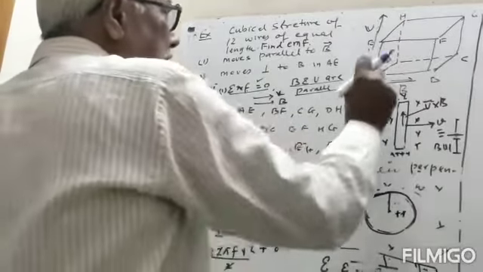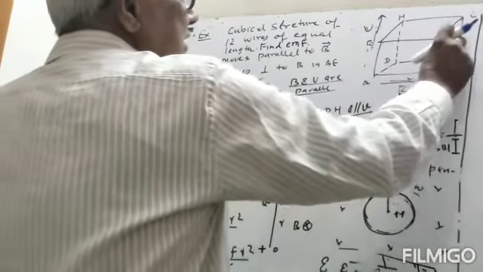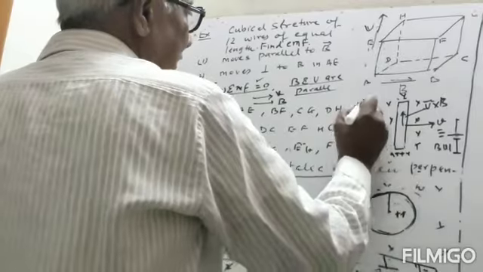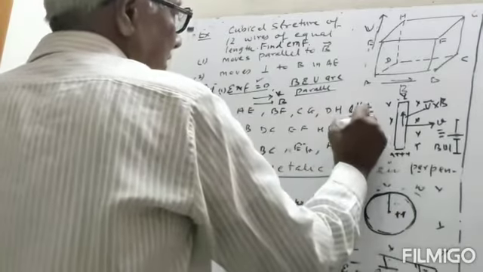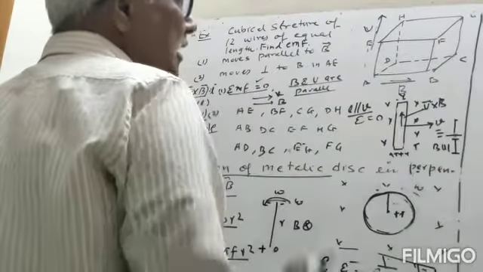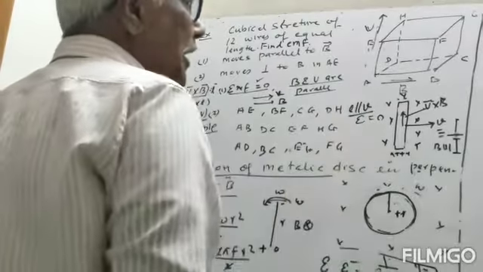So for all these four, the EMF will be equal to 0, because V is parallel to L.